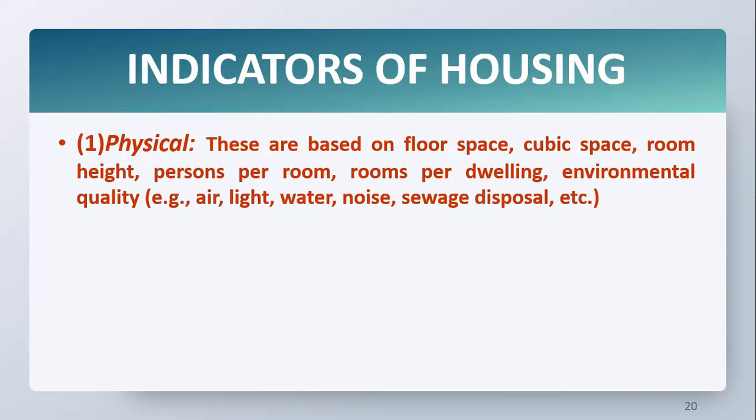The physical indicators are based on floor space, cubic space, room height, persons per room, rooms per dwelling, and environmental quality, for example, air, light, water, noise, sewage disposal, etc.